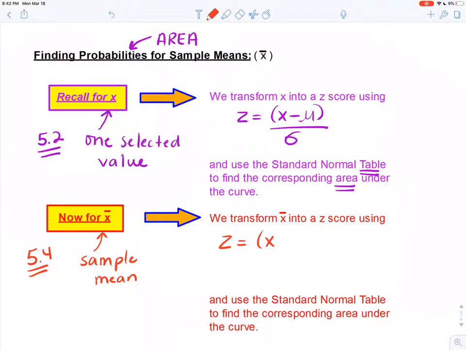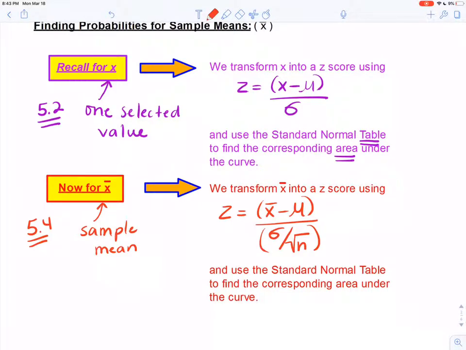But when I'm dealing with a sample mean, I have to remember that my standard deviation has changed and is now sigma over the square root of n. So a change in standard deviation, but again, the point of the z-score is to be able to go to the table, and the table will give me the area under the curve.